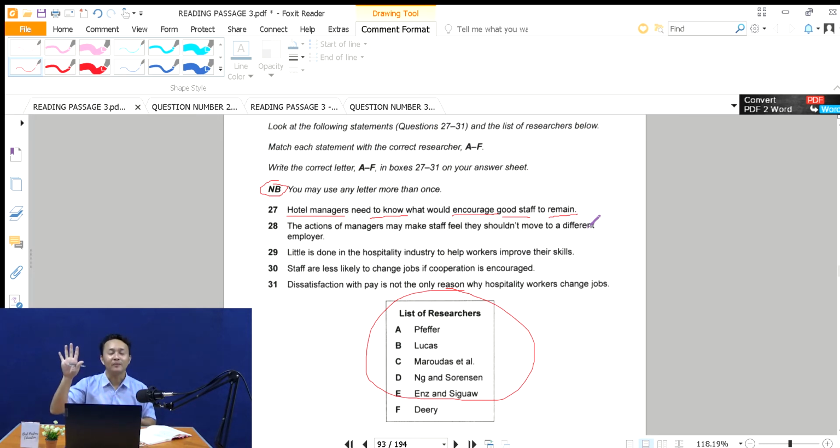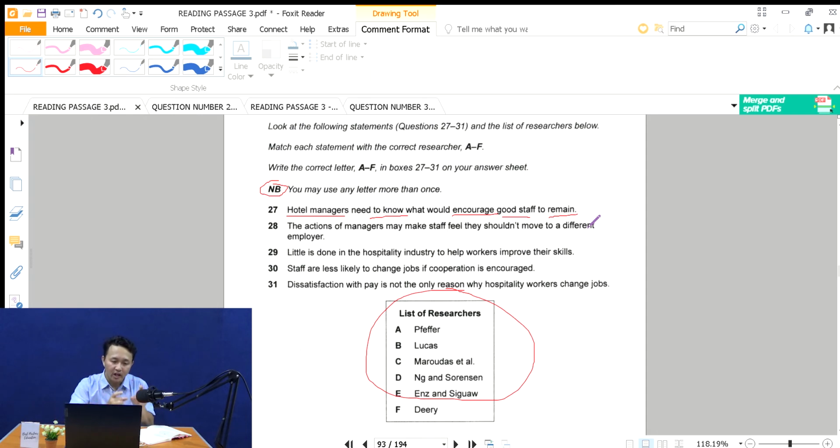Step number 5. What you have to do now is to find the answer, but this is how you should find the answer. Use the keywords that you have highlighted in question number 27 until 31, and then go to the reading and scan it, trying to find the keywords or maybe the paraphrase of the keywords. And then after you have found, okay, I think this is the information that I need to find, right?